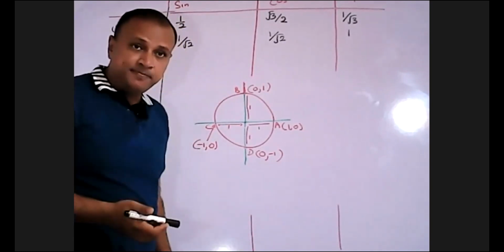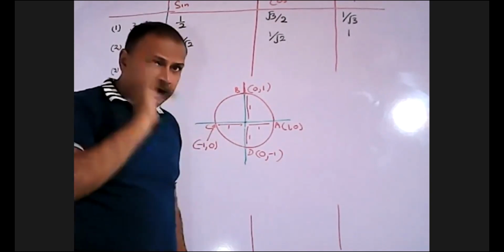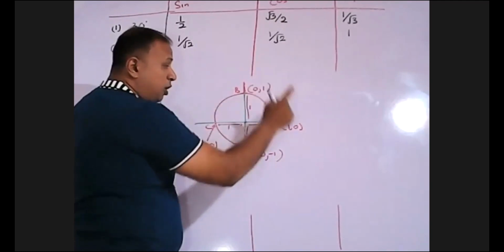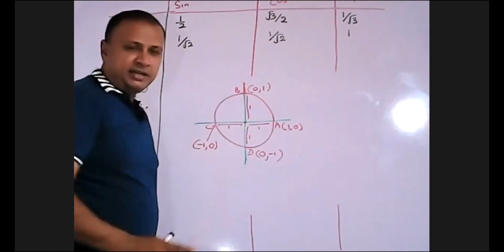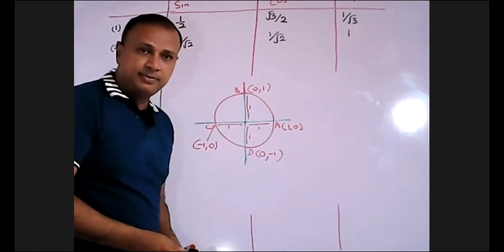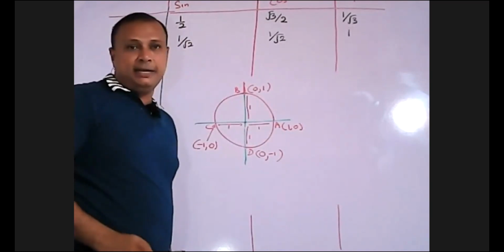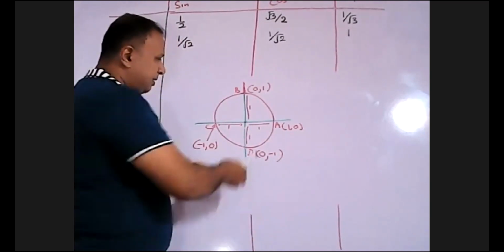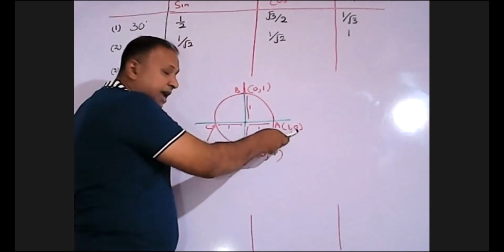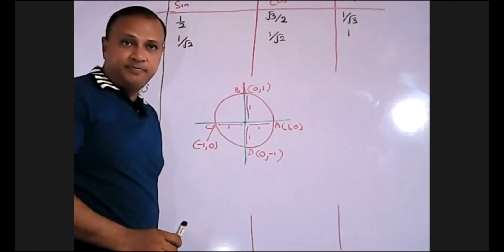The sin value is equal to the y coordinate of the particular point on the unit circle. Sine values are equal to the y coordinate of the particular point on the unit circle.